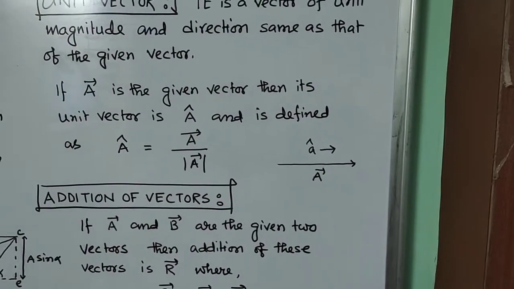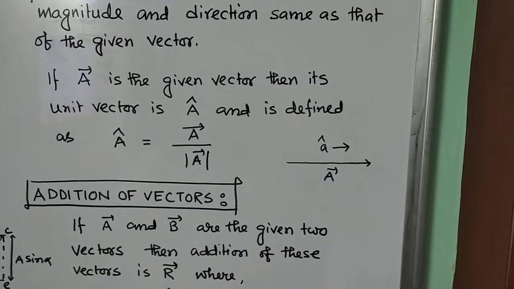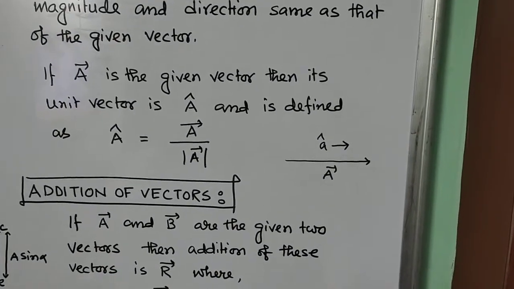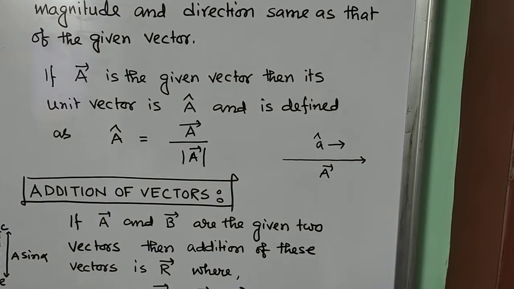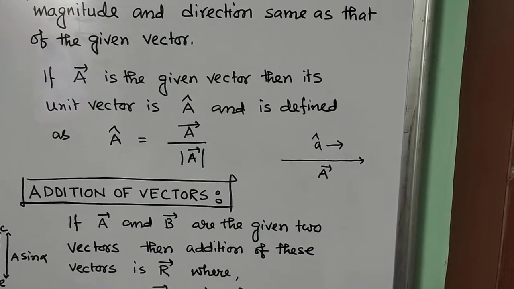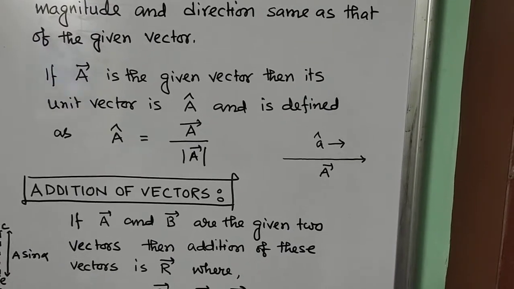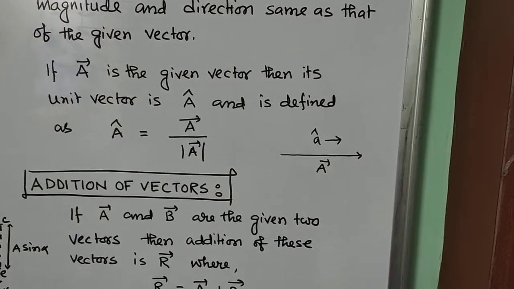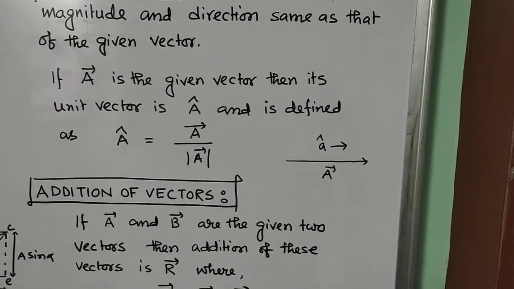Now in some books you will see that the unit vector is written as n cap. N cap is used as a symbol, and in some books you will see that if a vector is written with a capital letter, then the unit vector is specified with the small letter. So whatever the notation, the definition remains the same.